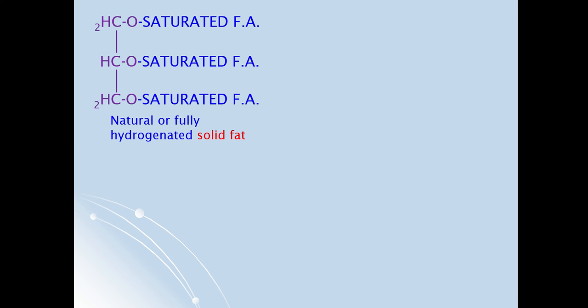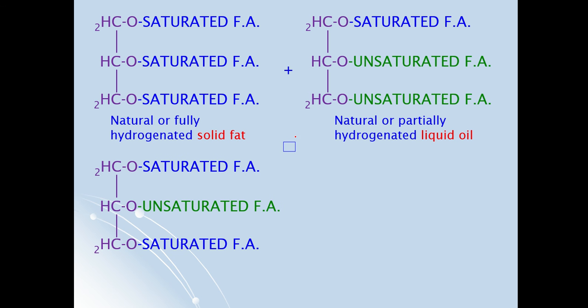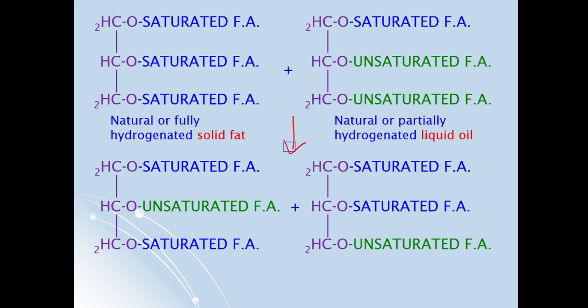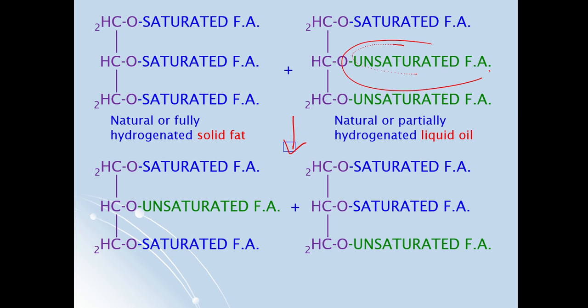Let's take a fully saturated solid fat at room temperature. Let's take an unsaturated triglyceride oil. Let's transesterify them and see what we get. So when I transesterify, I swap groups. In this instance, I have swapped that for that.